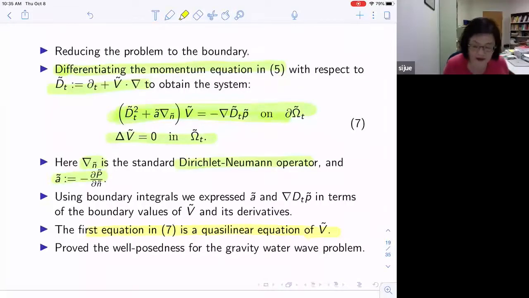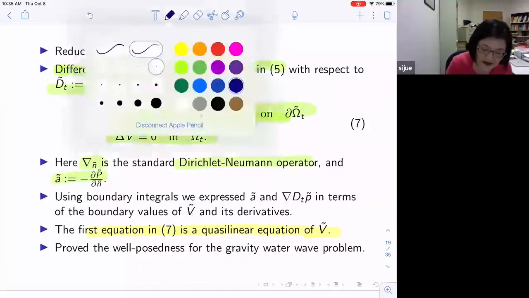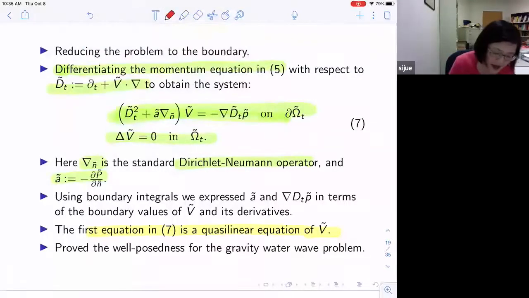Okay, so why is it important to be of hyperbolic type? Because we know that if it's elliptic type, the Cauchy problem is ill-posed, right? So we need it hyperbolic. The reason it's hyperbolic is because we have A positive, since A is negative dp/dn. And the second is the Dirichlet-to-Neumann operator, which is non-negative. This is because of Green's identity, right?